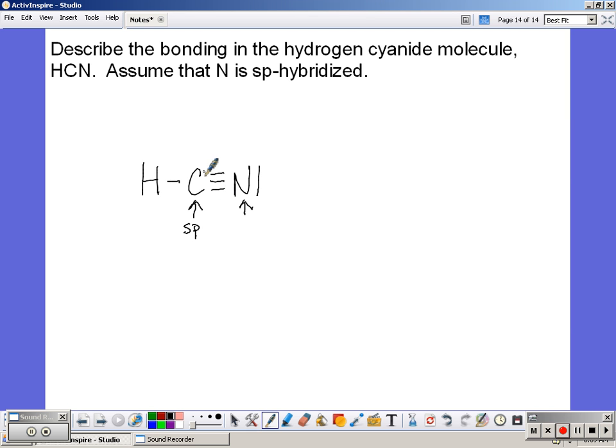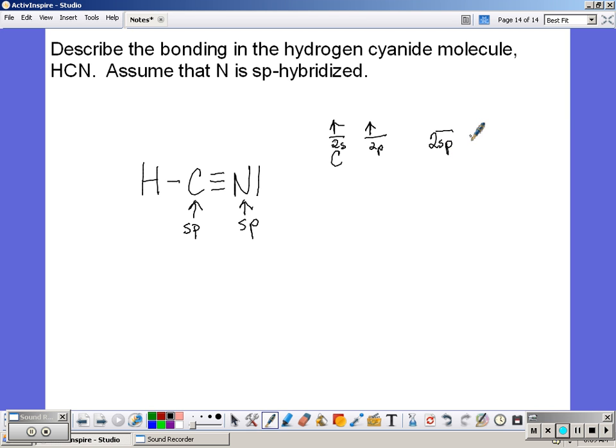So the carbon would be contributing the 2s and 1 of the 2p to form a bond with hydrogen and nitrogen, but it has to be hybridized to a 2sp orbital so that we can form identical bonds.